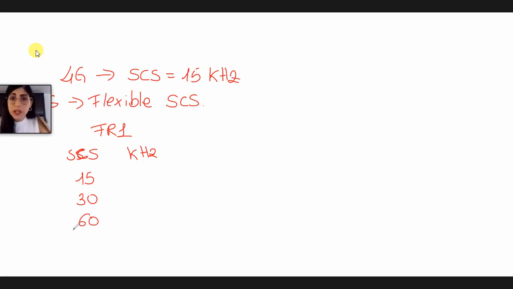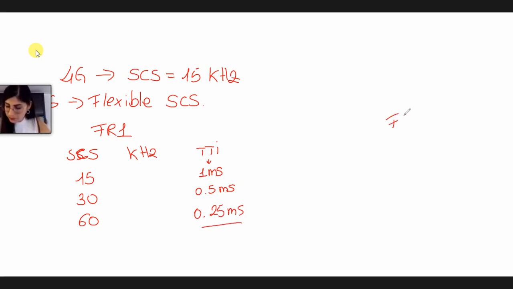And if we consider the TTI, the transmission time interval, when we use 15 kilohertz of sub-carrier spacing it is 1 millisecond. With 30 kilohertz of sub-carrier spacing, the transmission time interval is 0.5 milliseconds, while with 60 kilohertz, the transmission time interval is 0.25 milliseconds.